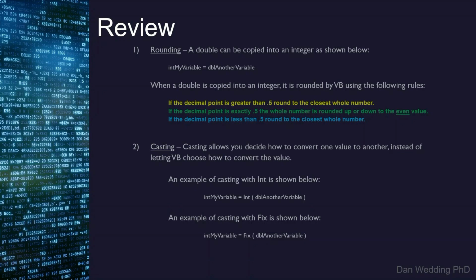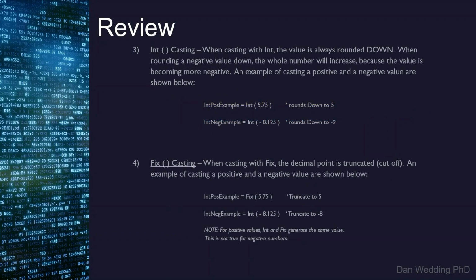Casting allows you to decide how to convert one value to another, instead of letting VB choose how to convert the value. An example of casting with int is shown below. An example of casting with fix is shown below. When casting with int, the value is always rounded down.